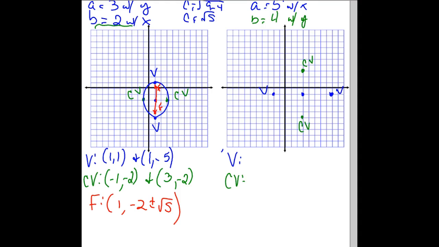Okay, so what are the coordinates of my vertices? Let's do the one on the left here. What's the coordinate of this point? Okay, -2, -1. And our other point over here? What's our other point? 8, -1?